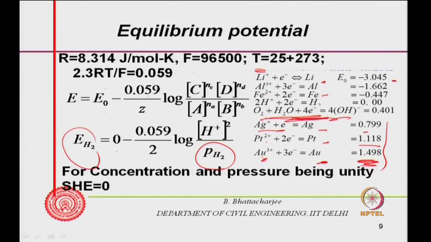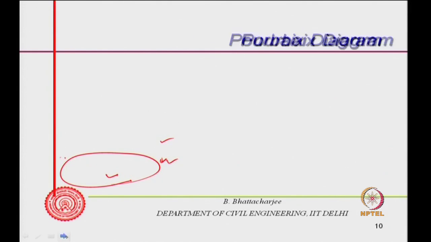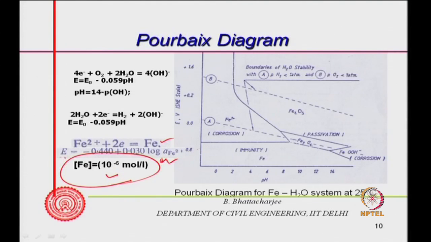So, you put here 2, it will be 0.03, and here the Fe ion concentration will be there. So, if you put Fe ion concentration as 10 to the power minus 6 moles per liter, you will get this line. If the concentration is more than this, it means the corrosion is occurring. If it is less than this, the corrosion is not occurring. So, one can identify theoretically the zone of immunity and the zone of corrosion.